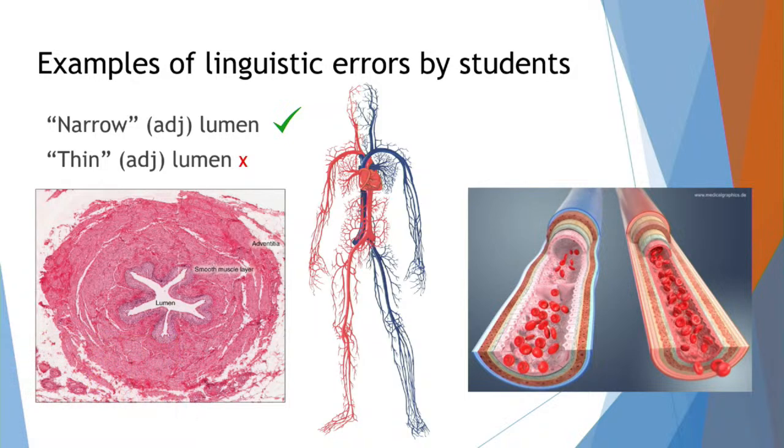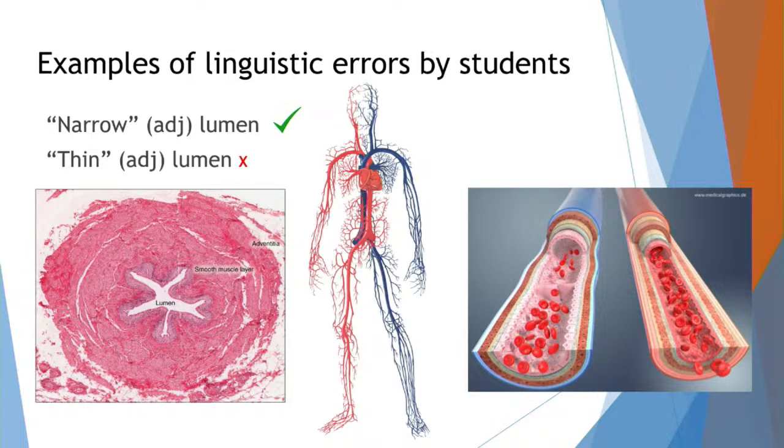But many of the students wrote, this is a thin lumen. Now, if you think about it, actually the student understands because it's not wide, it's thin. The student understood the concept, but the student didn't write it in the correct academic language.